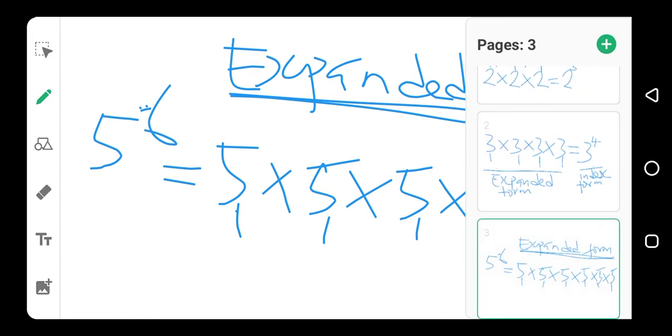Now, it is not only numbers that are written in the index form and expanded form. You may have alphabets given to you in the index form and you are asked to get it in the expanded form, or they give it to you in the expanded form and you are asked to find it in the index form.